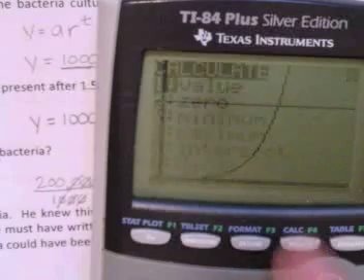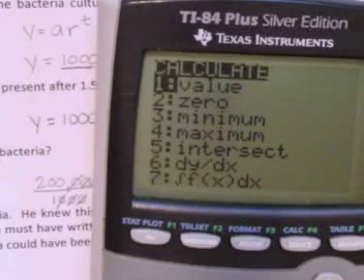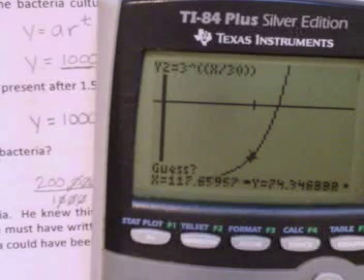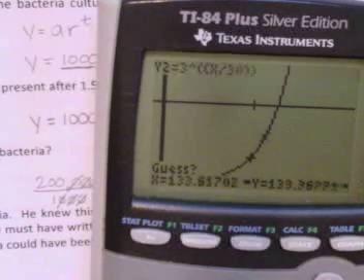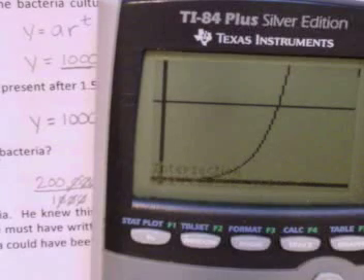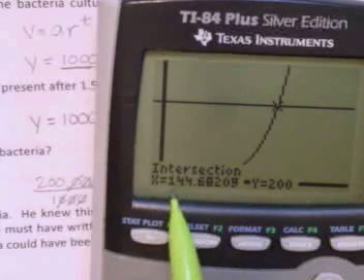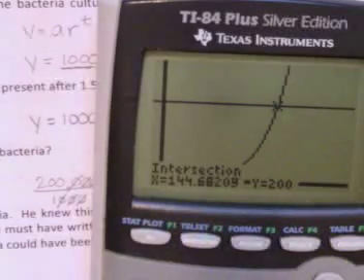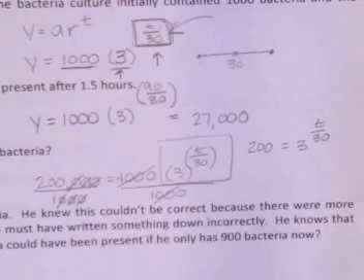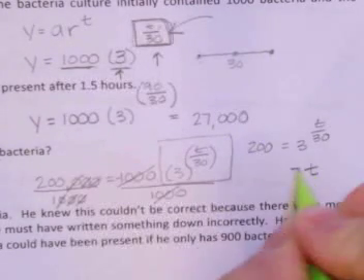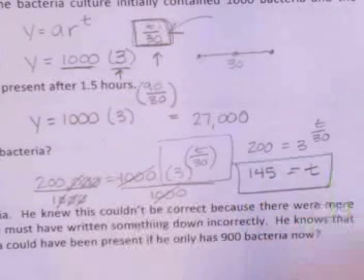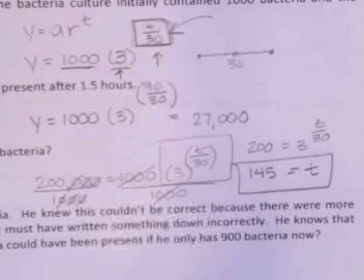So second calc, we're going to choose to find an intersection, and we're going to say yes to both of those curves by hitting enter, and then we go up and find the intersection. And when x is 144.68, or about 145 minutes, and t is about 145 minutes, we have 200,000 bacteria.